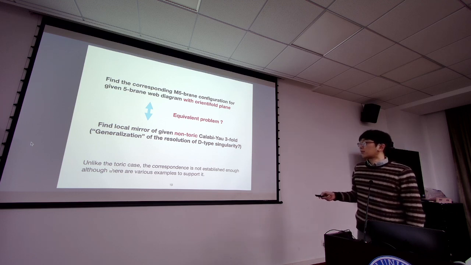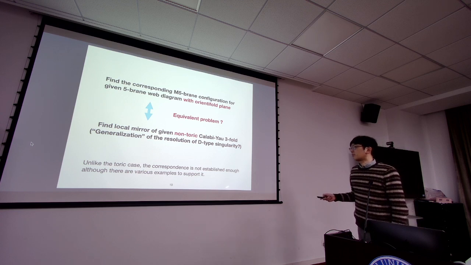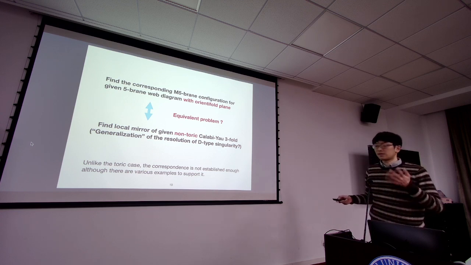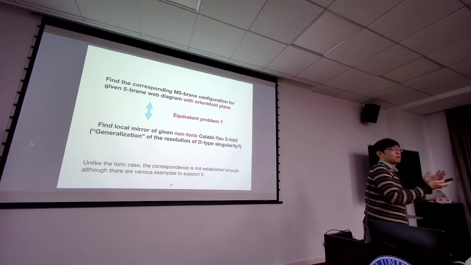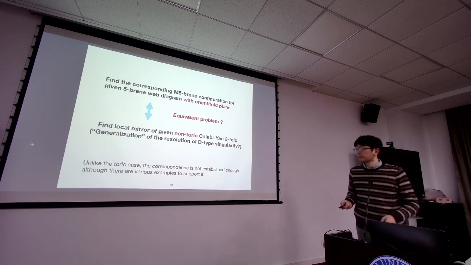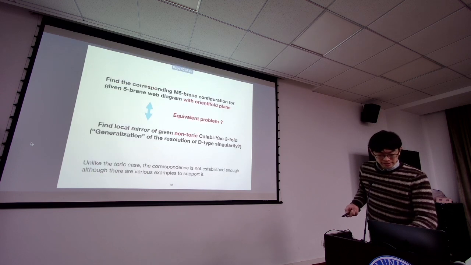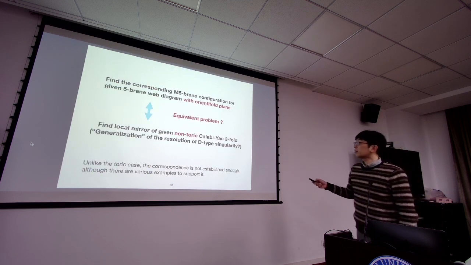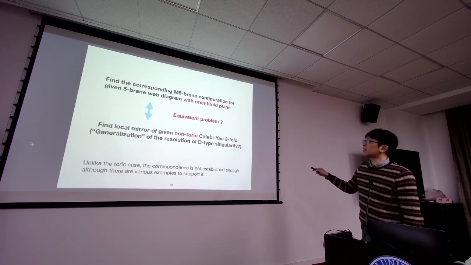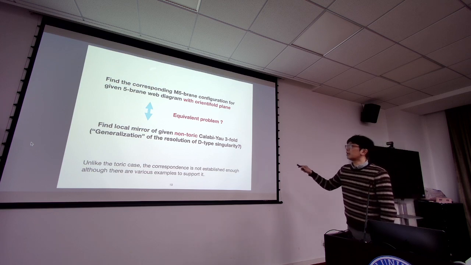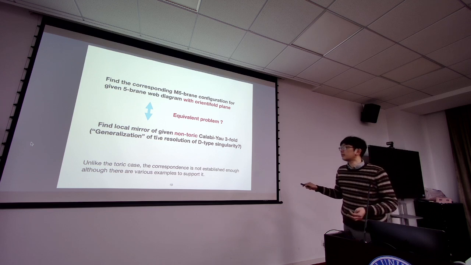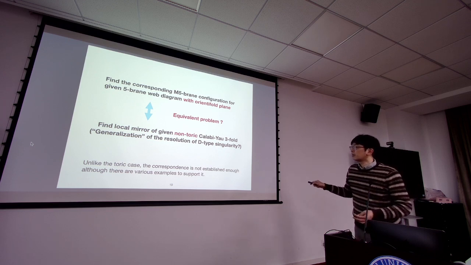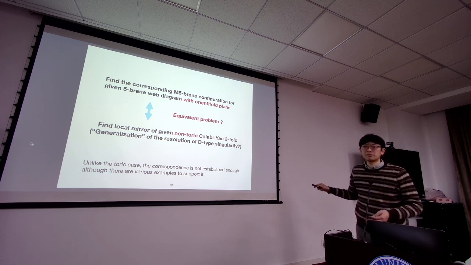And unlike the toric case, the correspondence is not established enough. But for some cases, we know which fibrin web should correspond to which geometry. And also finding the Seiberg-Witten curve in this setup should also be related to finding the mirror dual of a specific class of non-toric Calabi-Yau threefold.